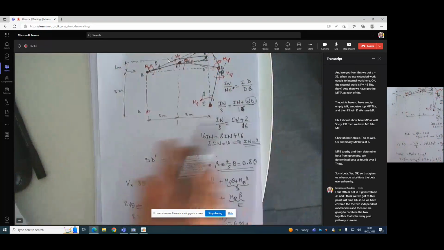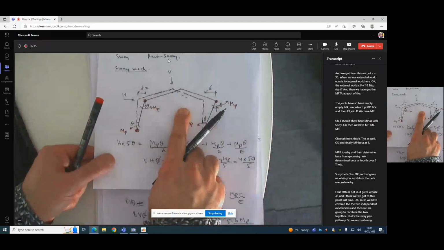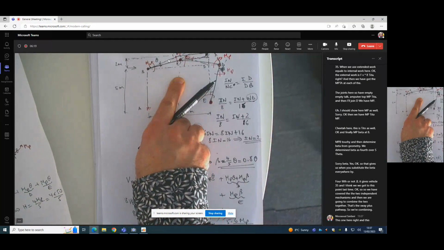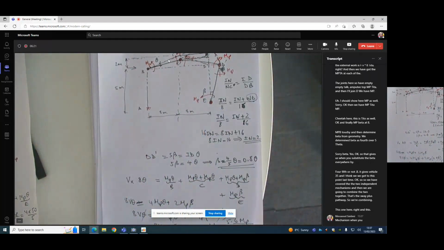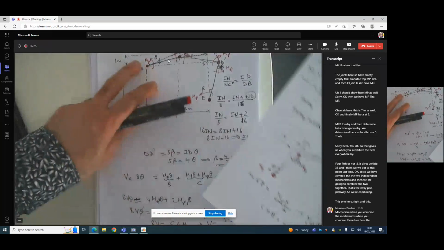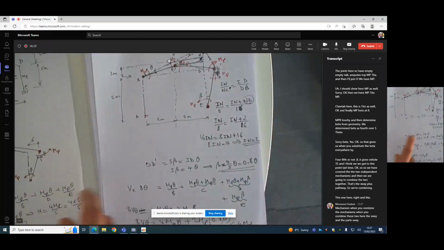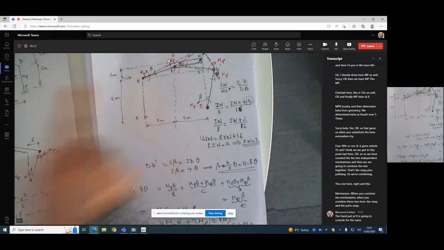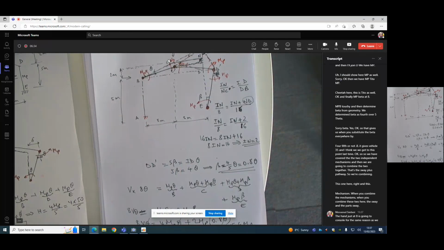So we're combining this one here, right? And this mechanism. When you combine the sway and the part sway, the hinge at B is going to cancel for the same reason as we had with the rectangular frame, if you remember.